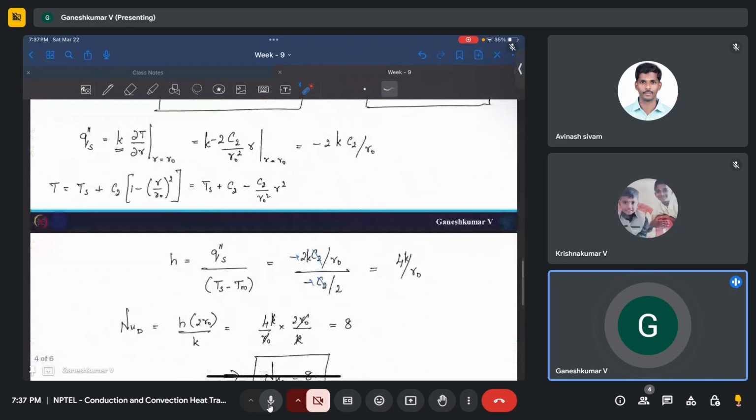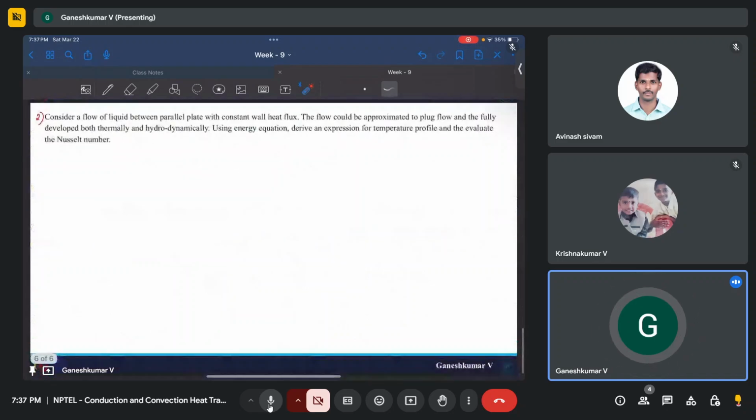So the second one is the same as the flow between parallel plates, but only for constant heat flux. Before, we did it for Hagen-Poiseuille flow. Sorry, here it's Poiseuille flow. Now we are going to do it for a plug flow, where U by U bar is just one.